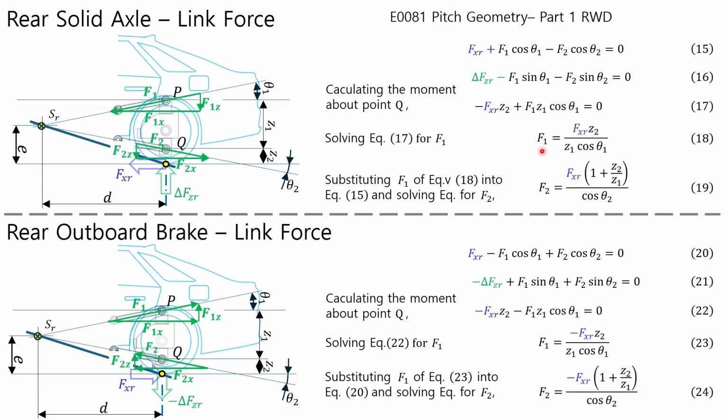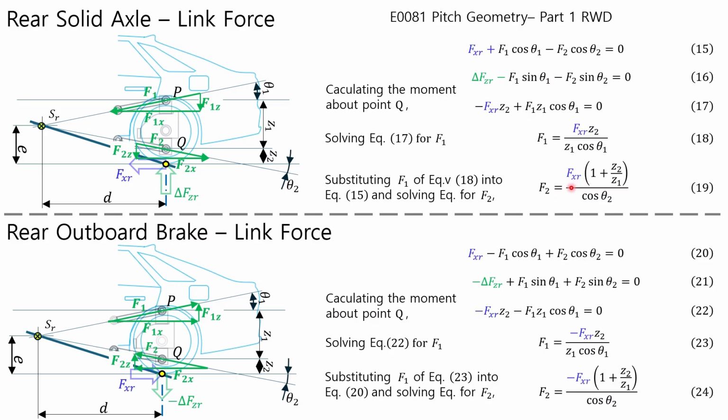Equation 18 expresses the force acting on the upper arm, F1, as a function of the driving force, Fxr. Substituting F1 from equation 18 into equation 15 and solving for F2 yields equation 19. Equation 19 expresses the force acting on the lower arm, F2, as a function of the driving force, Fxr.